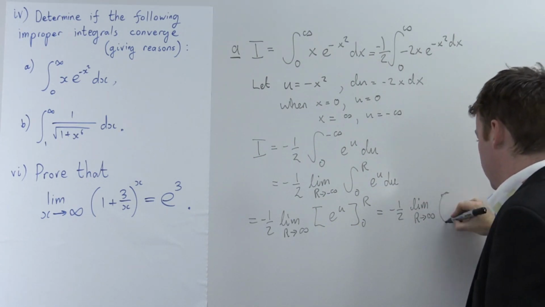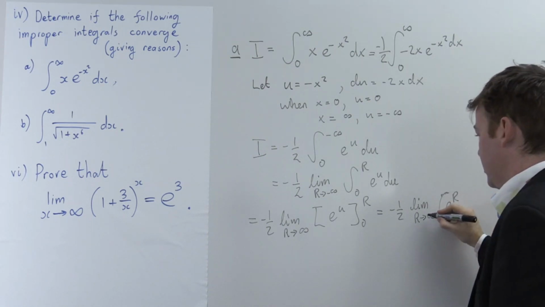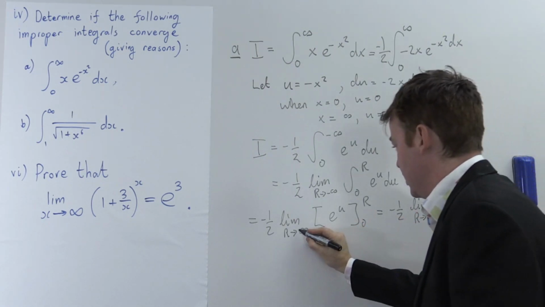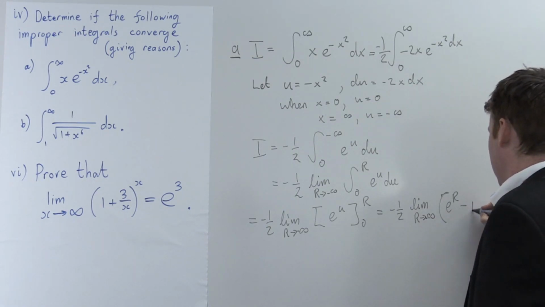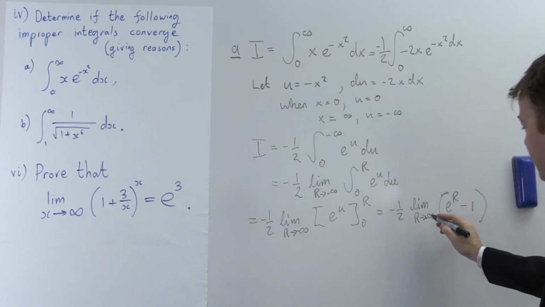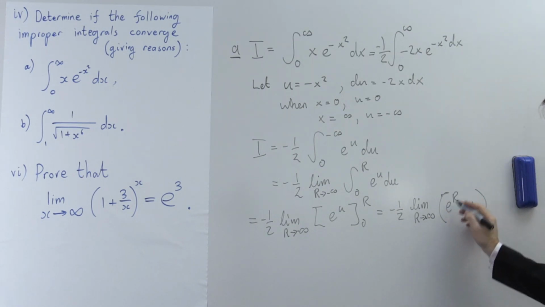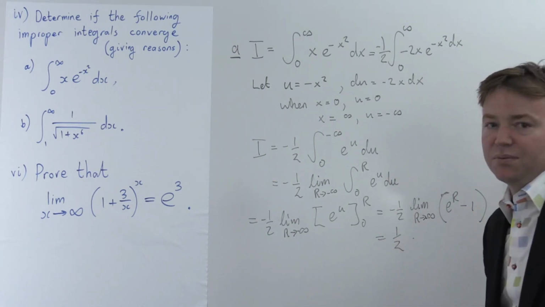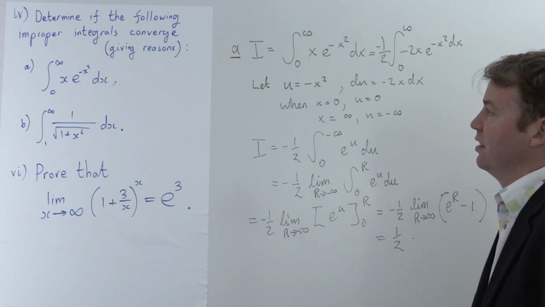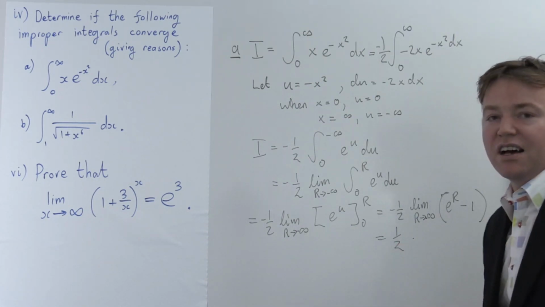So what is this? e to the r, as r goes to negative infinity, minus 1. And as r goes to negative infinity, this goes to 0, so I just end up with 1/2. At this point you can say, yes, it converges, and in fact, it's a half.